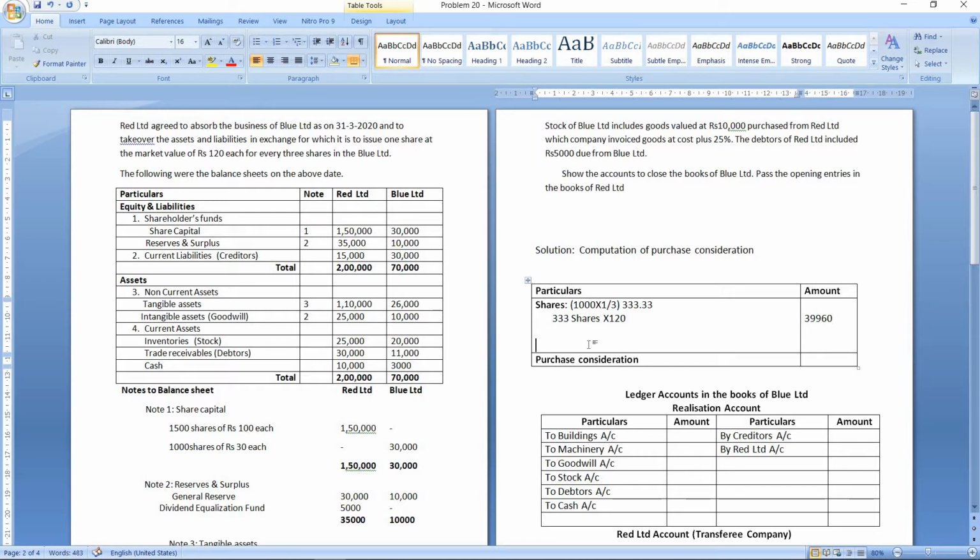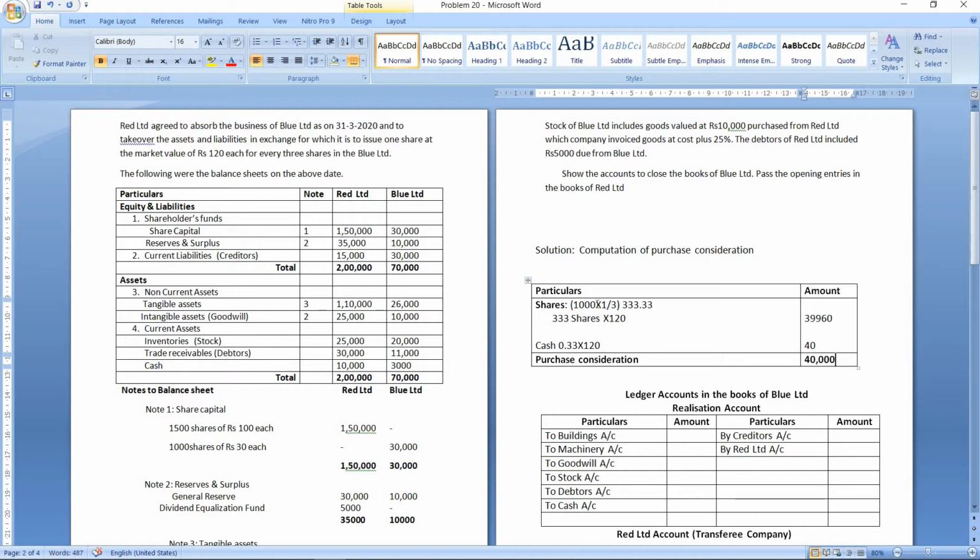Now because there is a fraction of share, that is 0.33, we have to assume that it is paid in the form of cash, and the value is 120, so it will be 40. So the total amount of purchase consideration is 40,000.